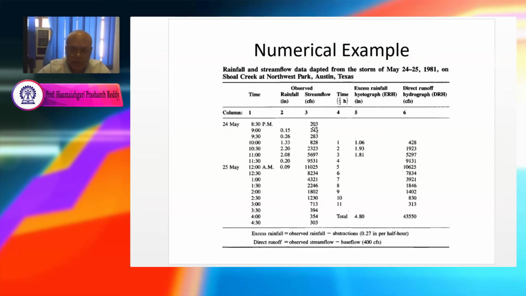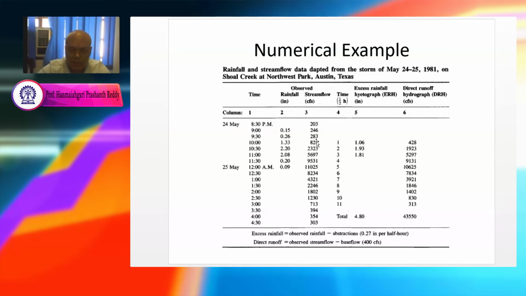At the outlet, streamflow is measured in cubic feet per second. You see that at 8:30, even before the rainfall starts, there is still a flow, that is 203. And at 9 o'clock, 246 is there. This can be either only base flow or it may also be supplemented by rainfall.